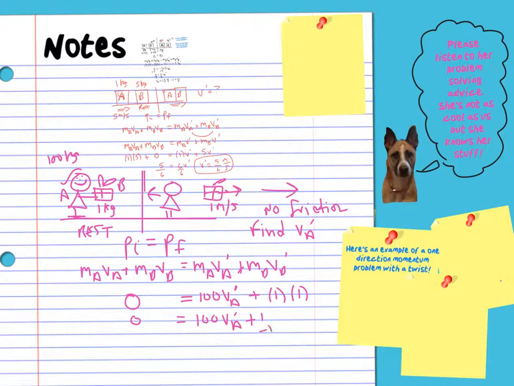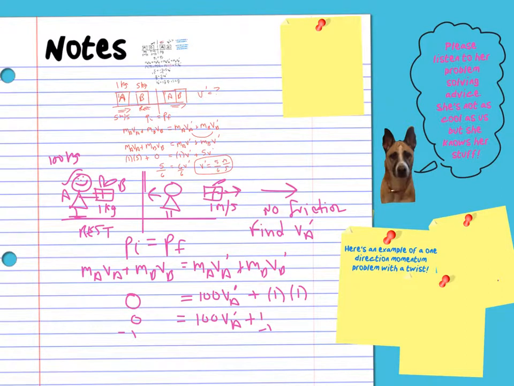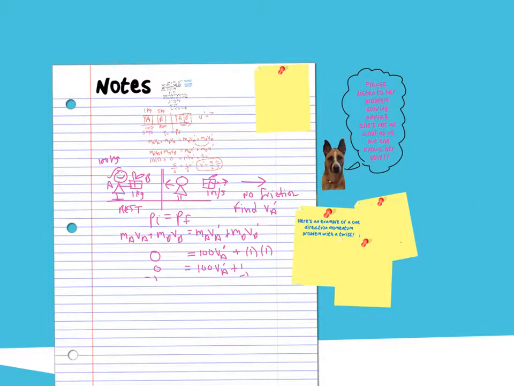So let's subtract 1 from both sides, to give us a little more room. So we get -1 equals 100 VA prime. So divide and divide.